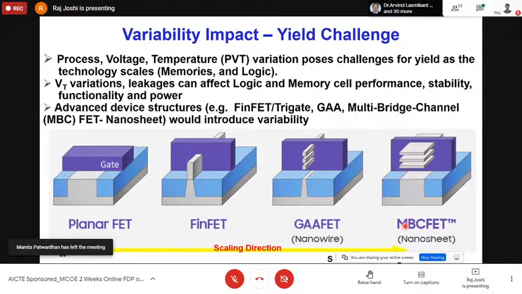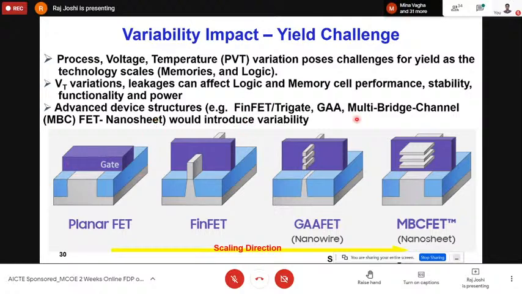These are challenges. So the variability impact and the future of this in the electronic industry is, as I told you, we started with planar FETs, field effect transistors, then came FinFETs, then now nanowires, and then will come all these multi-bridge channels, which are called nanosheets.